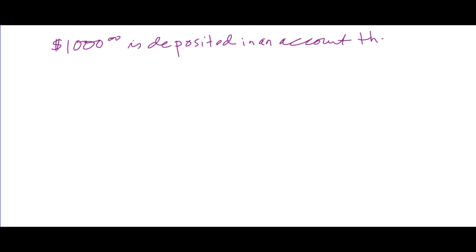Okay, so the last one I'm trying to do is like a financial application. $1,000 is deposited in an account that pays... What was the rate you were going to be getting?